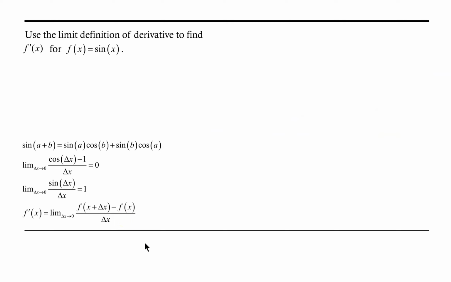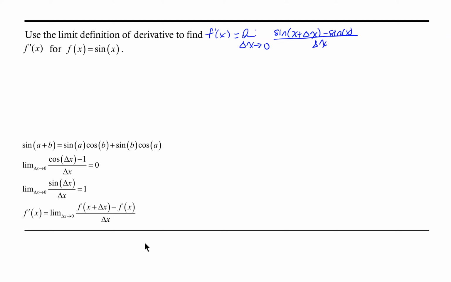We start out by applying the limit definition. So we'll have f prime of x equals the limit as delta x approaches 0 of sine of x plus delta x minus sine of x, all over delta x.